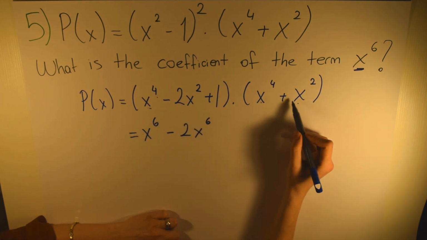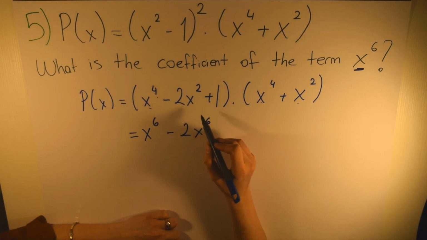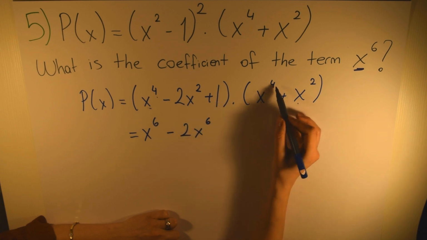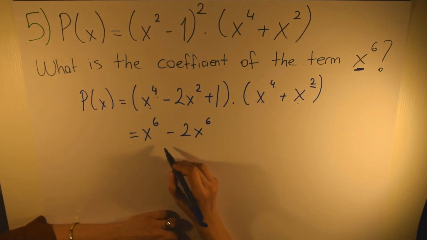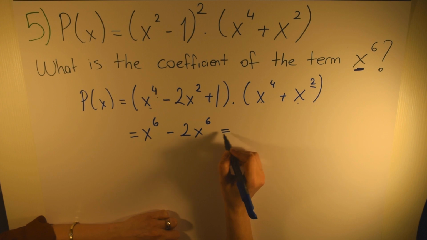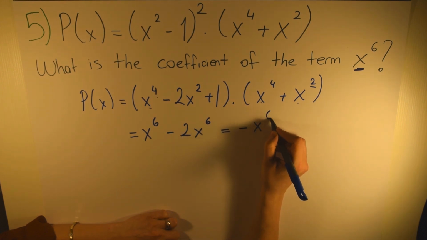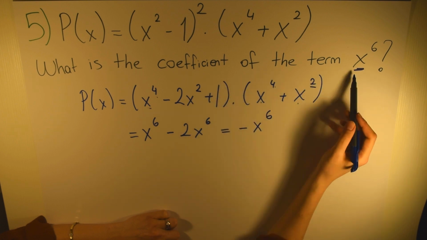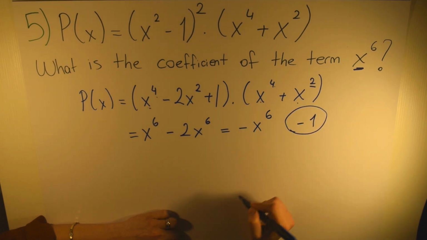So when you multiply these two, you will get x to the power of 4. You don't have to write this. And when you multiply these, you will get x to the power of 4, x to the power of 2. So you don't have to write also these. So from here, what we get, we will get -x to the power of 6, which means our coefficient of the term x to the power of 6 is equal to -1.